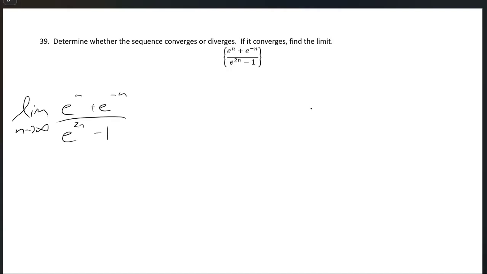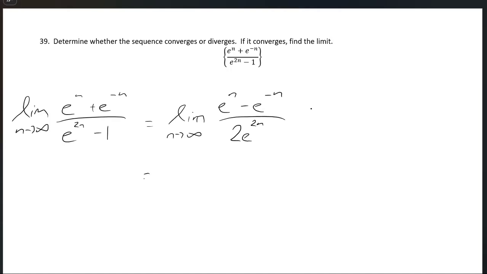Let's be very careful, though, because if we keep doing L'Hopital's rule, it's probably going to be endless, because the derivative of an exponential function is an exponential function, so it won't disappear. But this minus 1 will disappear when we differentiate it. So on the bottom, we get 2e to 2n. On the top, we get e to the n minus e to the negative n. Chain rule, don't forget that.